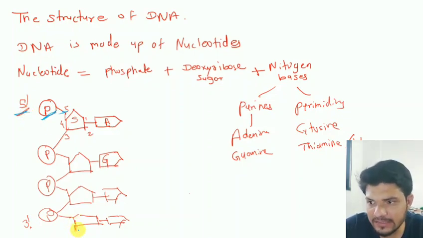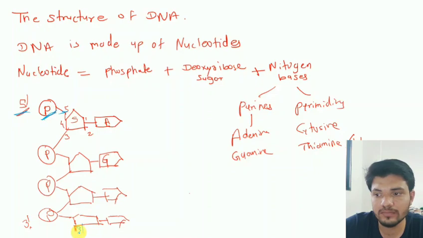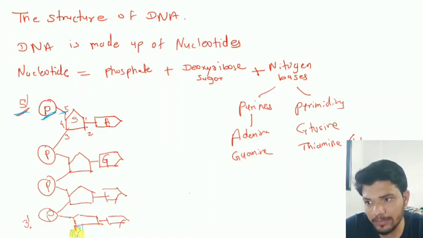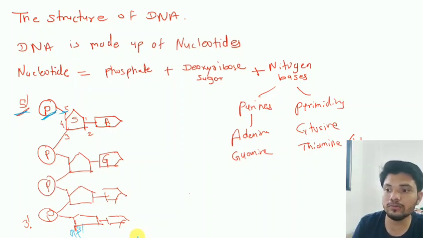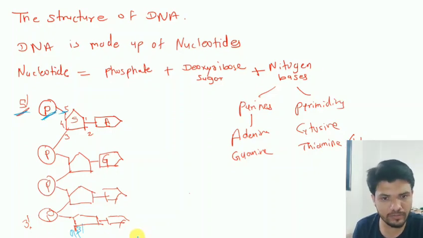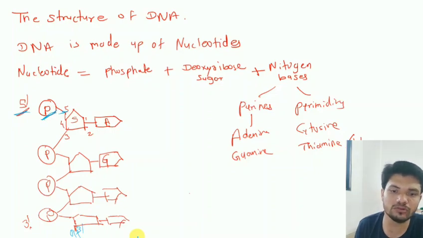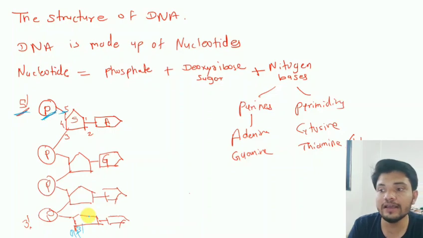Let's say this is the third carbon of the sugar, and a hydroxyl group is present, as I told you in the structure of deoxyribose sugar. At the third carbon there is a hydroxyl group, which is normally attached to the phosphate group of the next nucleotide. But this is the last nucleotide of the DNA, and this hydroxyl group is free, not attached to the next phosphate.